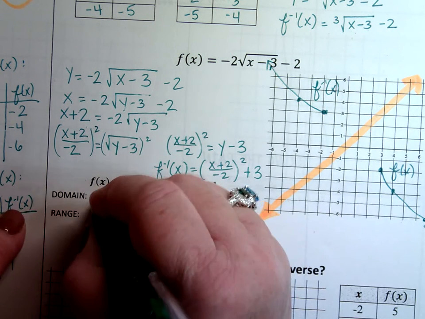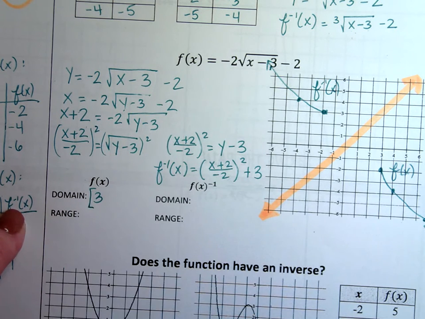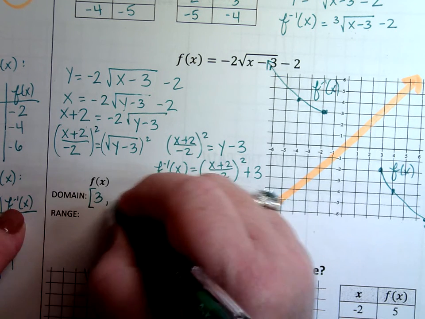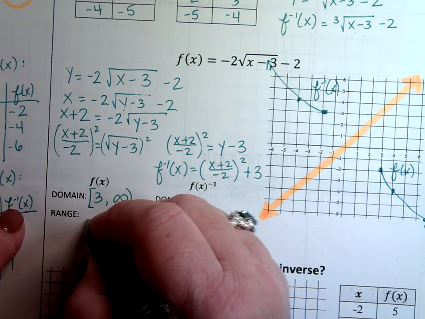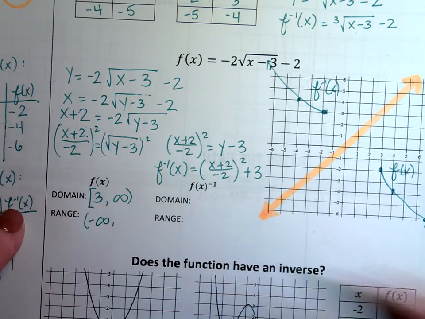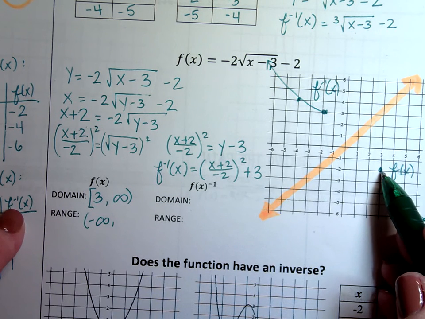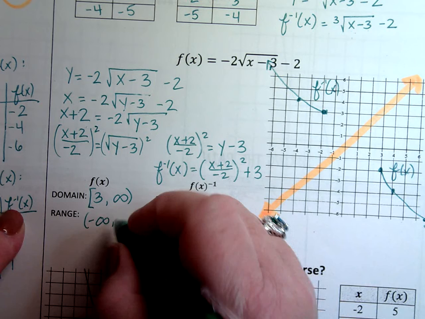Does it touch it? Yep. His rightmost point goes to infinity. The range is lowest to highest. The lowest it goes is negative infinity. And the highest it goes is this y value of 2. Does it touch it? Yep.